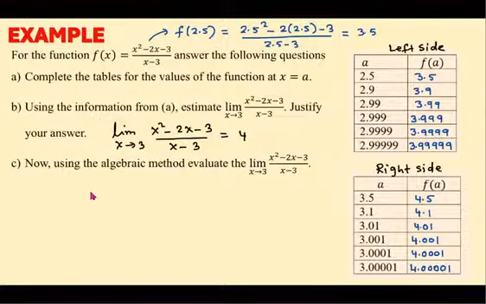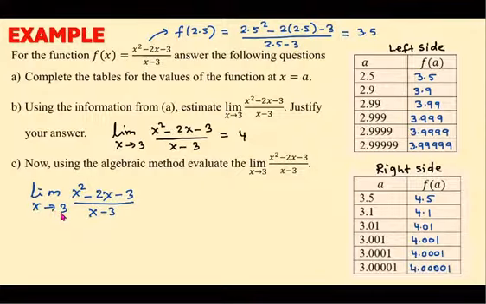Now, in part C, we are asked to use the algebraic method to estimate the limit. So let's solve the same problem using the algebraic method. We have the limit as x approaches 3 of (x squared minus 2x minus 3) over (x minus 3).